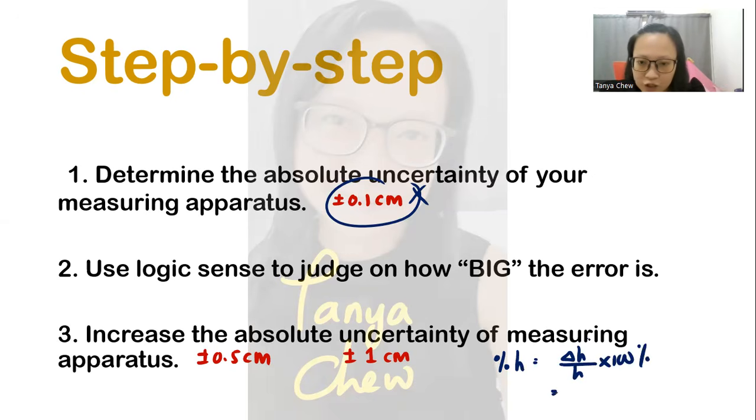Delta H is the absolute uncertainty of your measuring apparatus. If I put 0.5, then it is 0.5 divided by the H value you read from the measuring apparatus, times 100%. And bear in mind, percentage uncertainty must be in 1 to 2 significant figures only.